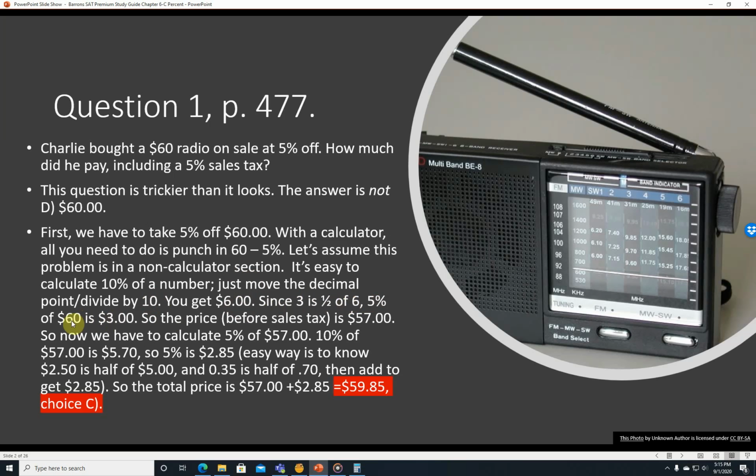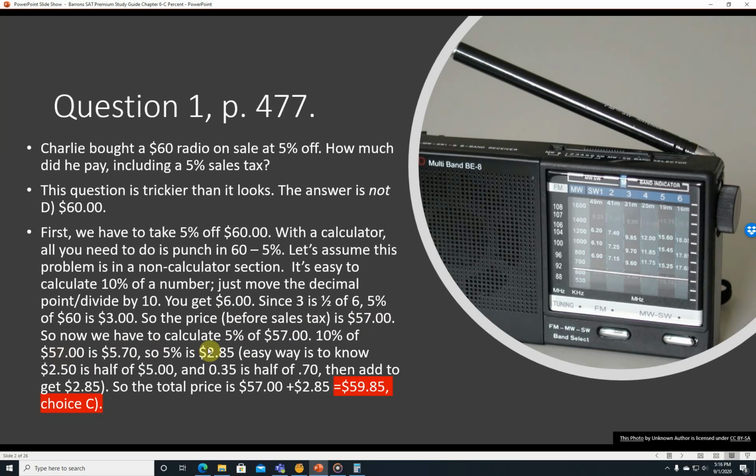So, anyway, 5% of $60 is $3, so the price before sales tax is $60 minus $3, which is $57. So now we have to calculate 5% of $57. 10% of $57 is $5.70, so 5% is $2.85.